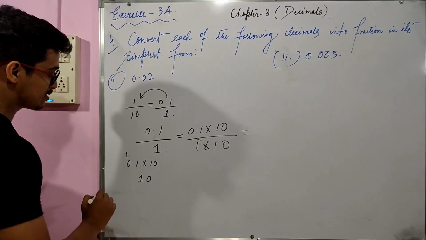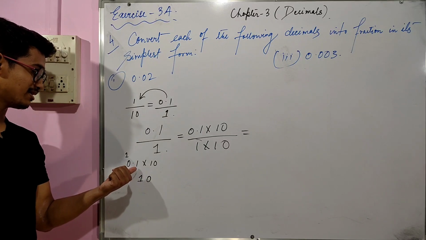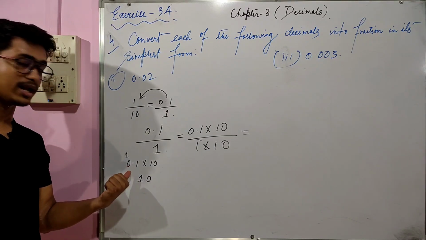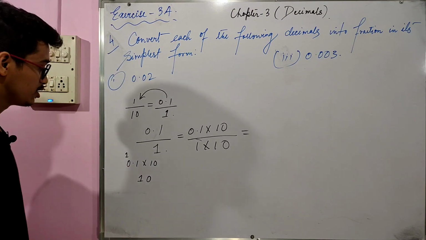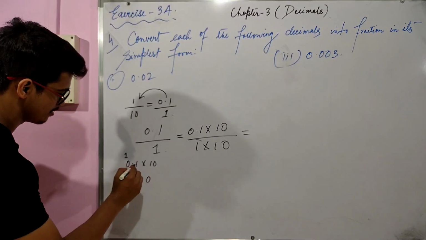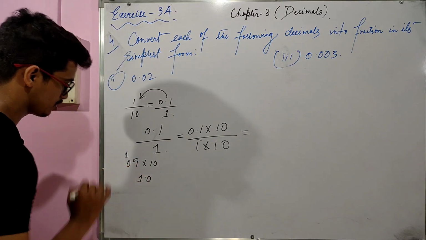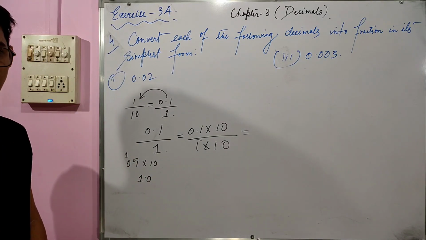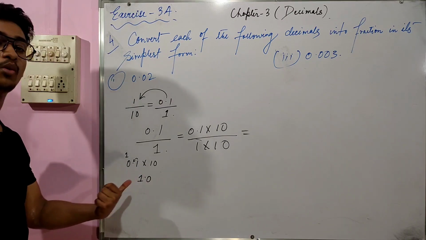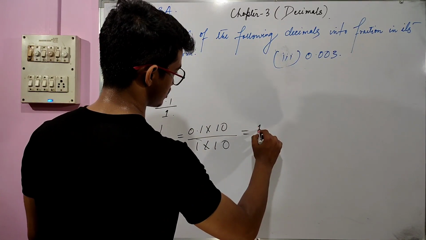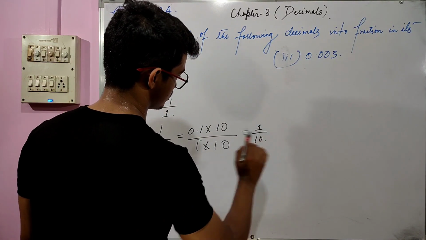And where is the point? Before 1, that is the point. So we have to put the point over here, before the 1 place. So what is the result? That is 1 by 10.